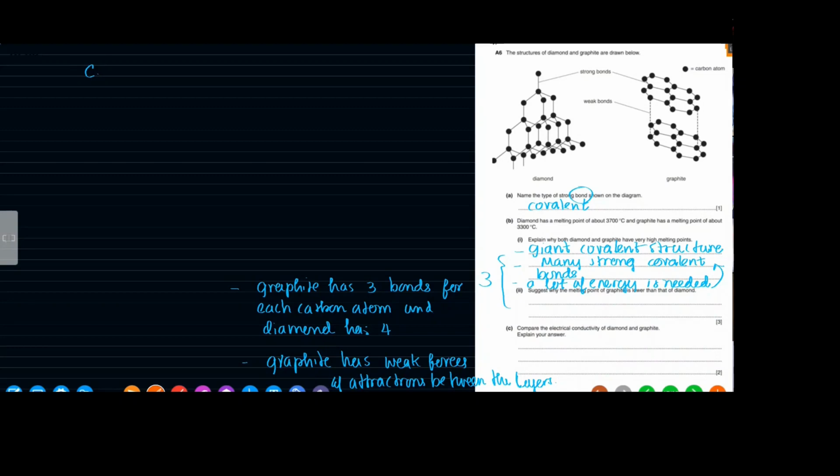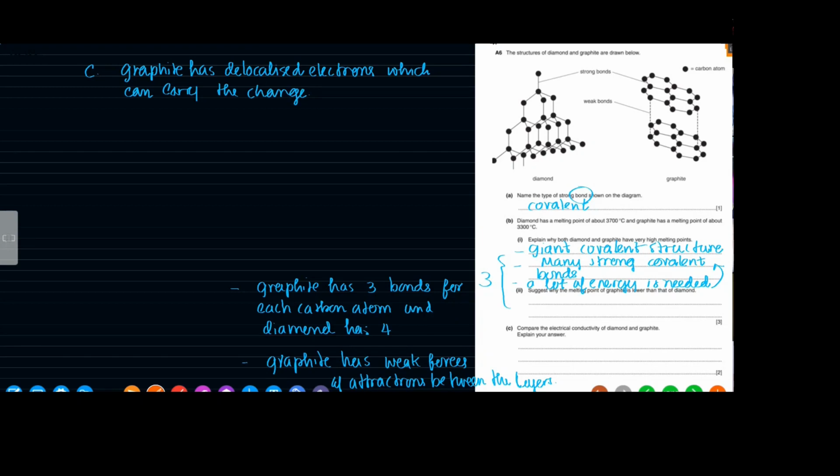So you are going to say graphite has delocalized electrons which can carry the charge. That's 1 mark.